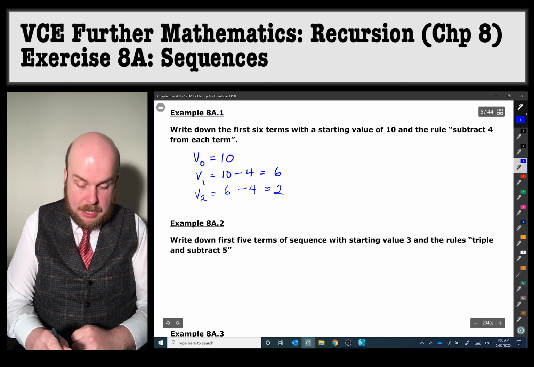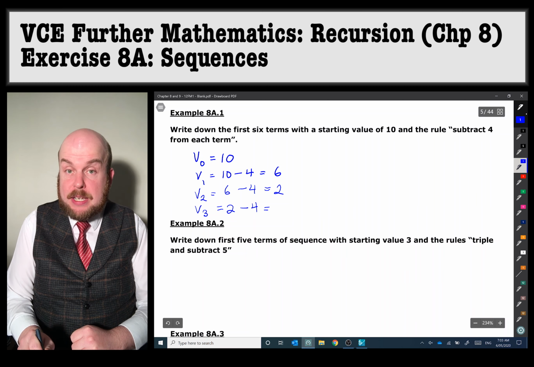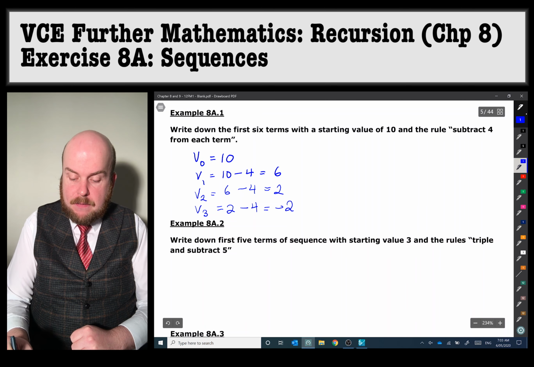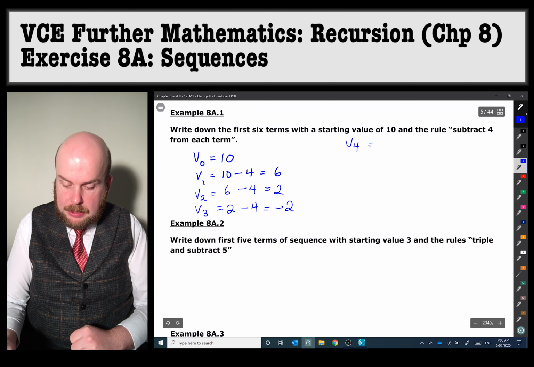And then V3 is 2 take away 4, which is negative 2. V4, so this is the 1, 2, 3, 4, 5th value here, negative 2 minus 4 is equal to negative 6.